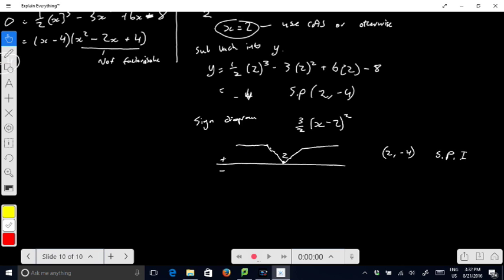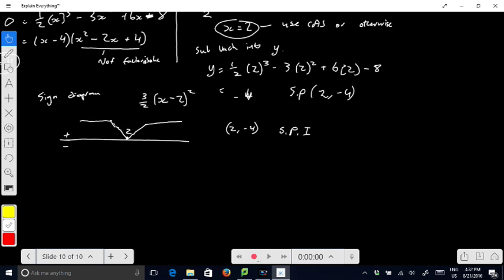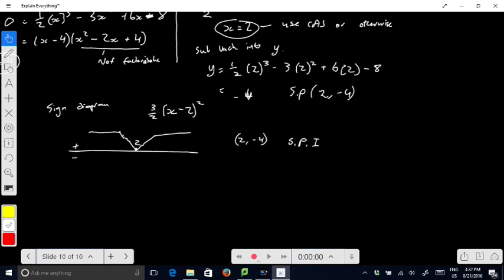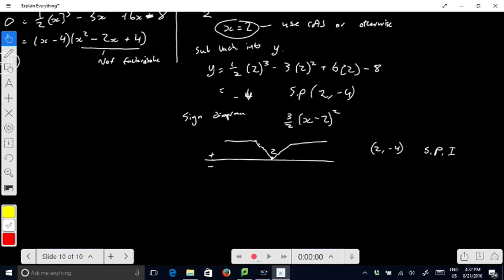So what does that look like on a graph? We have an intercept at positive 4, a stationary point of inflection at 2, and we have a y-intercept at minus 8.